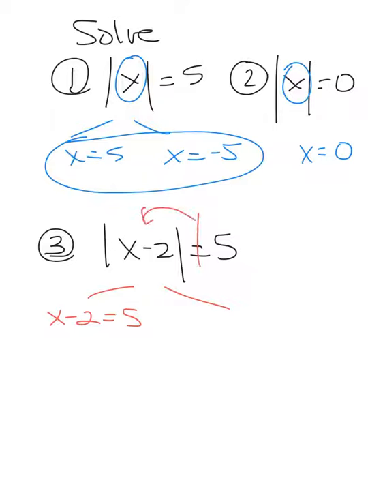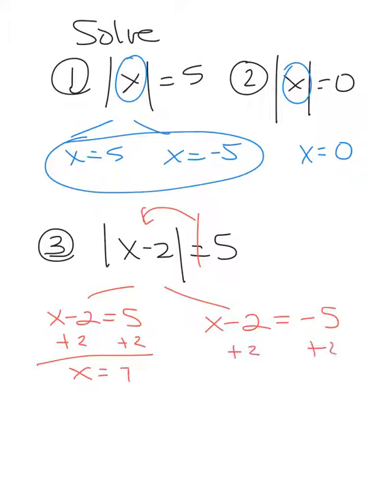When I split into the other equation, I have x minus 2, that's going to stay the same, is equal to, and this time instead of +5, I'm going to have -5. So I'm going to solve both of them separately. I have x is equal to 7, and in my other equation I have x is equal to -3. So both of those will make that a true statement. Now I'm going to check this. So here's my check.